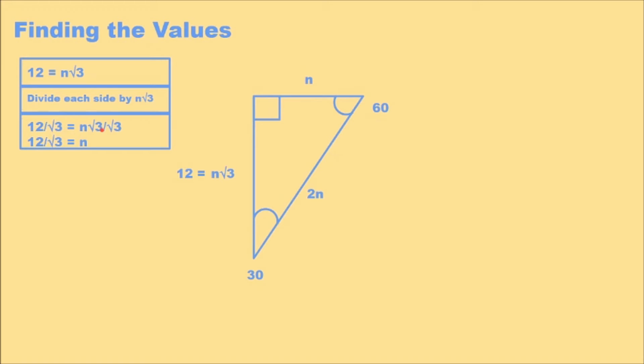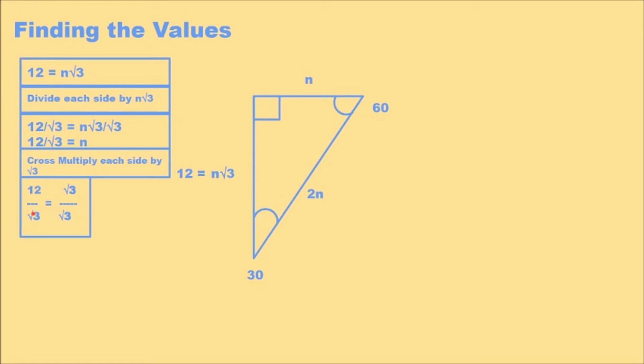As determined by the laws of math, we are not able to have a square root as our denominator. The way we get around that is we multiply each side by the square root of 3 over the square root of 3.